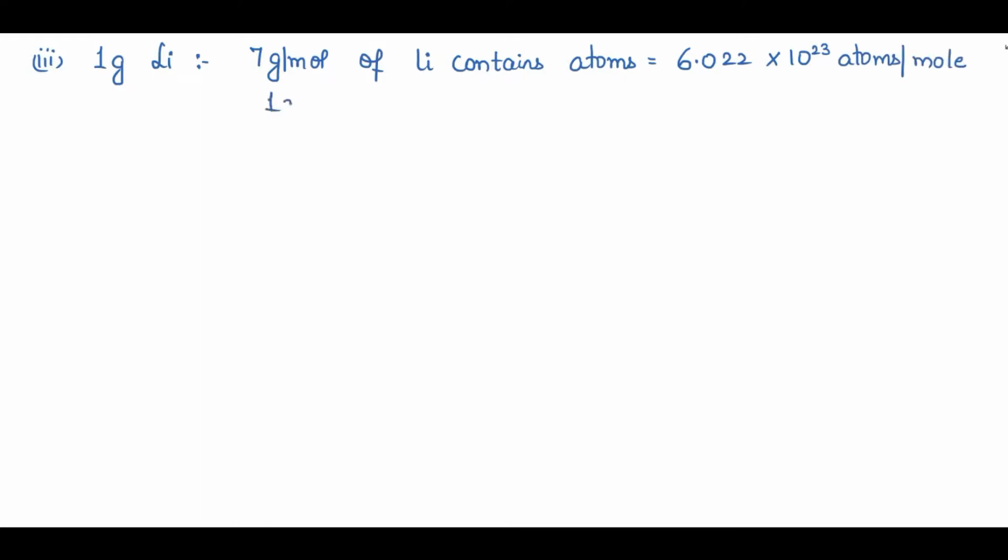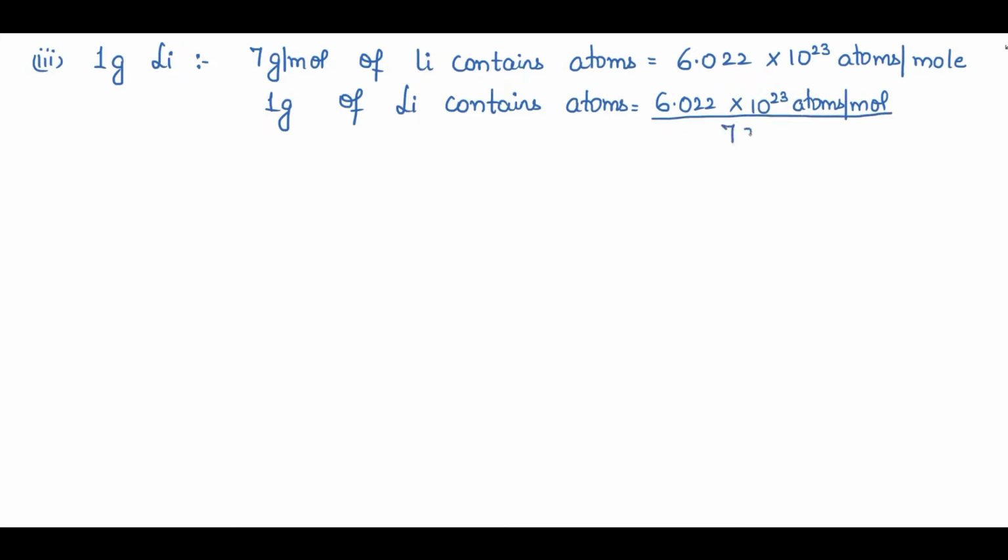So 1 gram of lithium contains atoms equal to 6.022 into 10 raised to power 23 atoms per mole divided by 7 gram per mole into 1 gram.